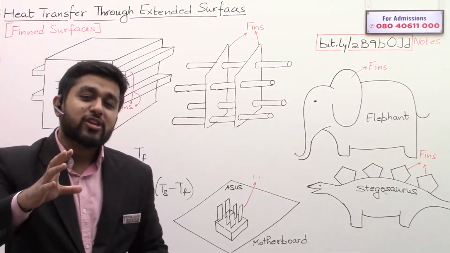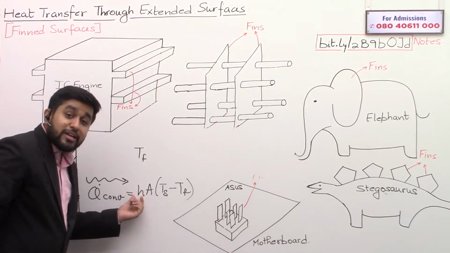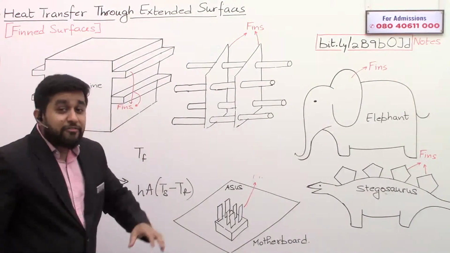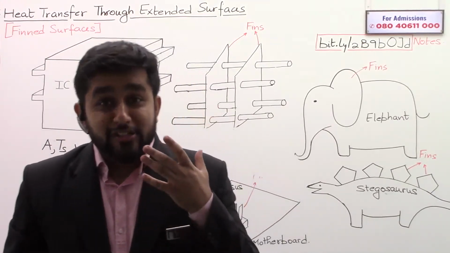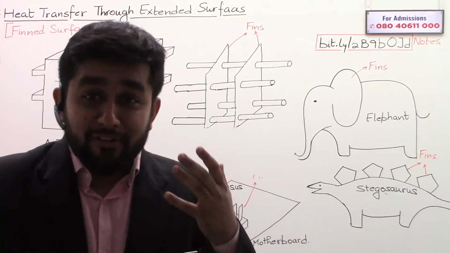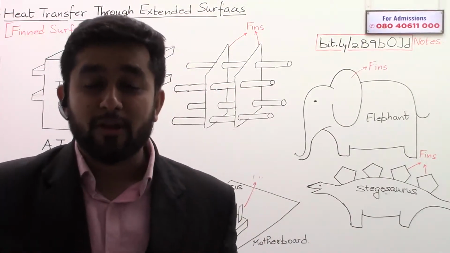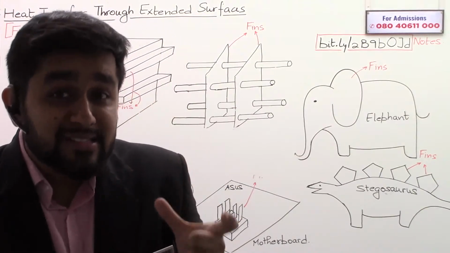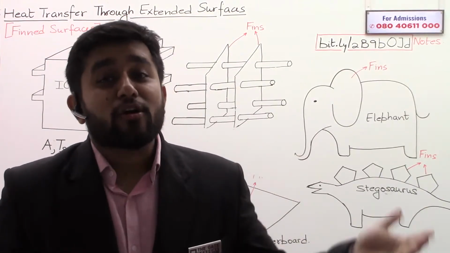So forced convection has more h as compared to free convection. So you will increase h by installing a fan or a blower. But that will definitely increase the cost of the system. That will definitely increase the weight of the system. So this approach might not be suitable. So increasing Ts minus Tf might not be possible, and increasing h might not be feasible.